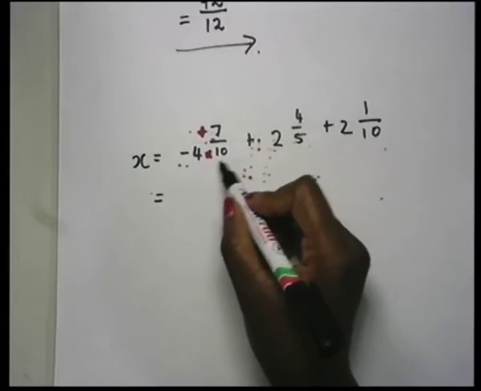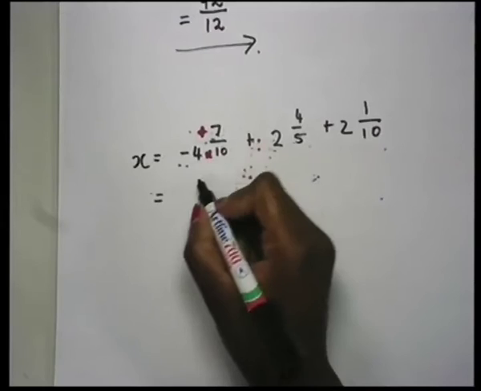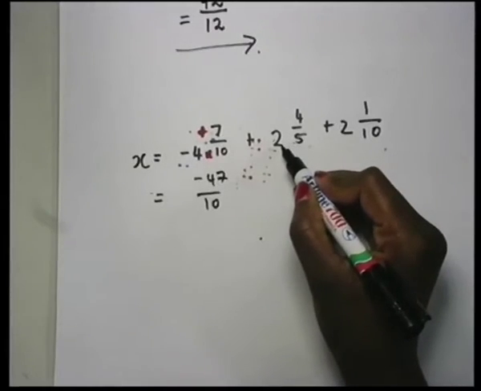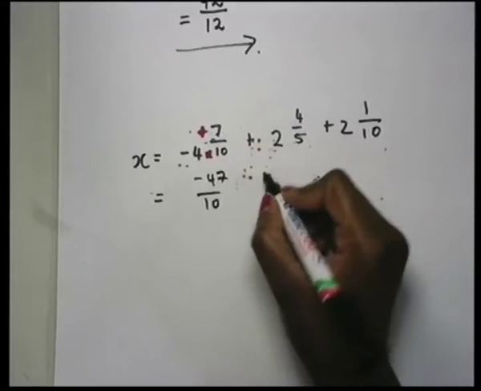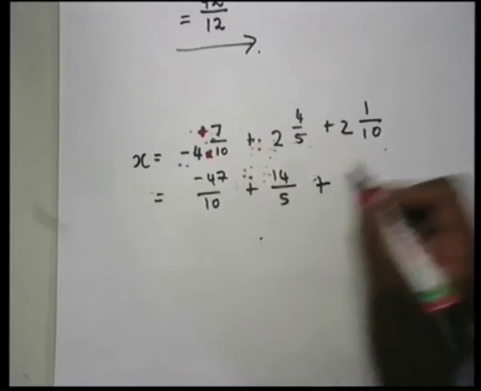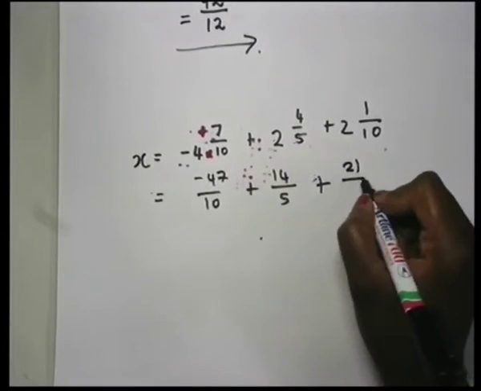So 10 times 4 is equal to minus 40 plus 7 is minus 47 over 10. 5 times 2 is equal to 10 plus 4 is 14 over 5. 10 times 2 is equal to 20 plus 1 is 21 over 10.